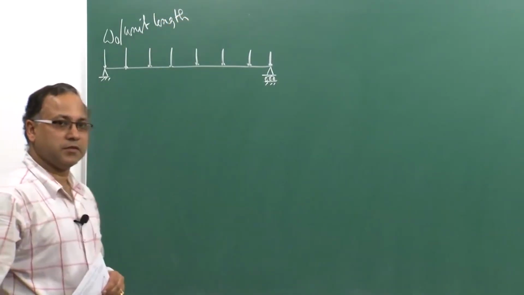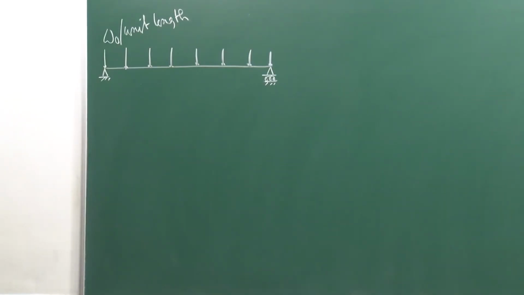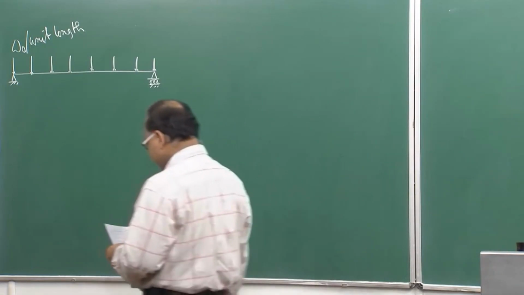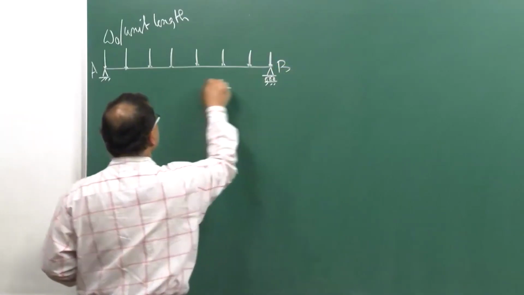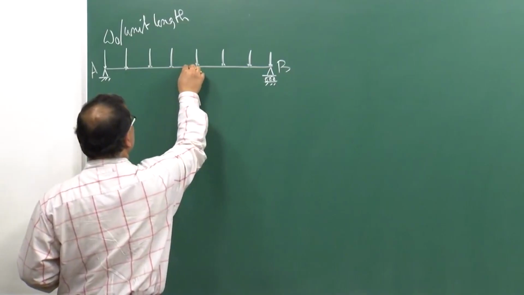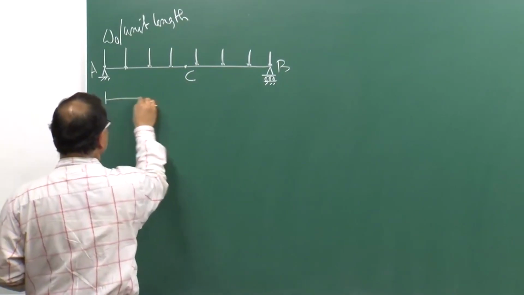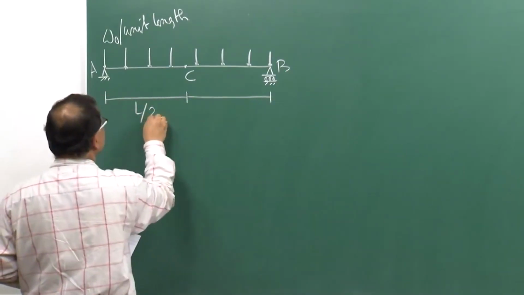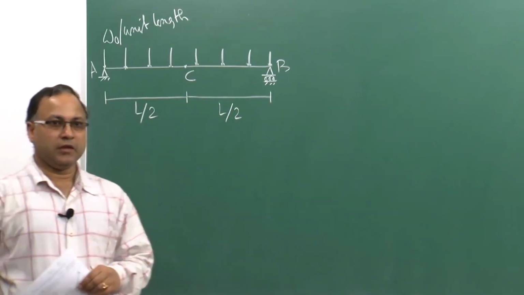So, that is one simply supported beam which is under uniformly distributed load W naught per unit length of the beam. Now, this is point A, B, and I need to find out the central deflection of the beam, say at C. Okay. So, this is L by 2 and this is also L by 2. So, the total length of the beam is L.